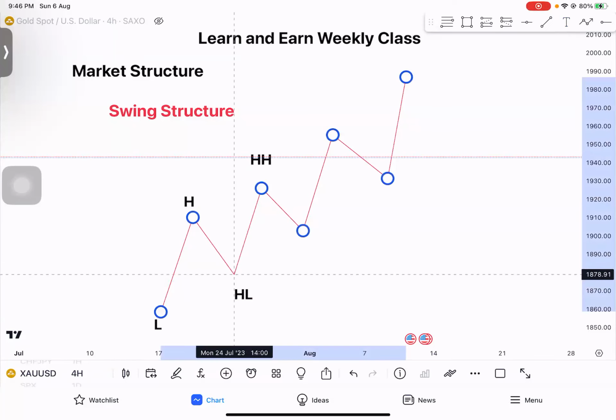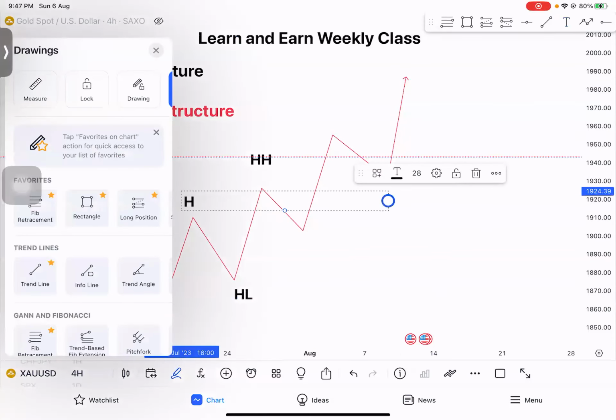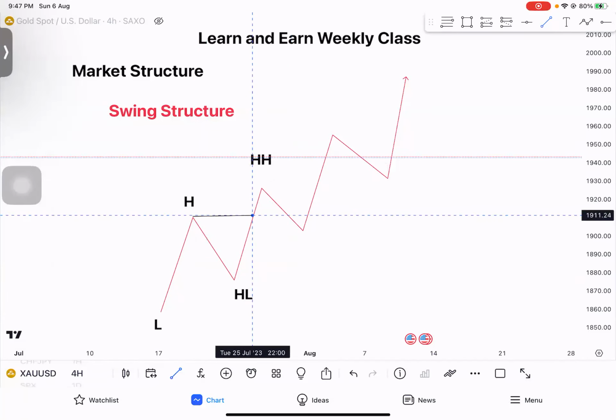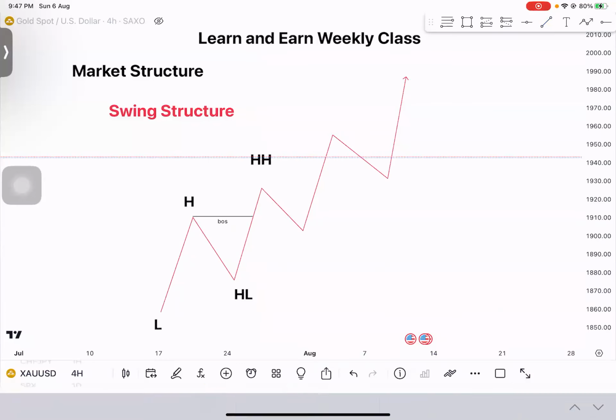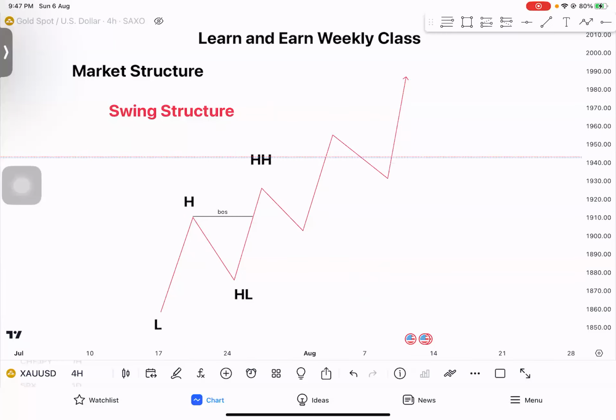In every structure, after the breakout, which in the uptrend should be a breakout of the previous high, this is what we call a break of structure, BOS. After the breakout of the previous high, it should validate.